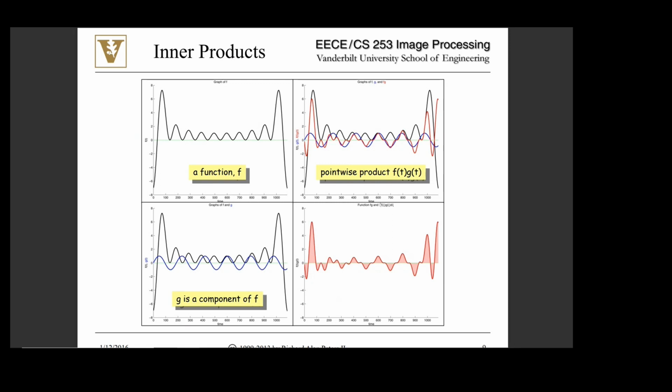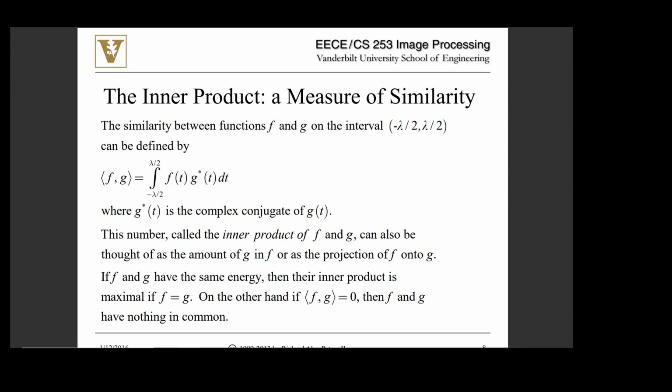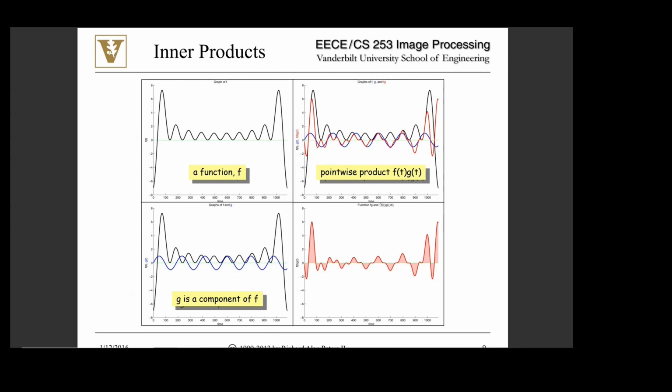So let's say that you have this function f, and a function g, the blue one, and you want to compute the inner product between the two. You have to take one times the other for all time points. I have to complex conjugate one of them, but since g is real valued, the complex conjugate is the same.